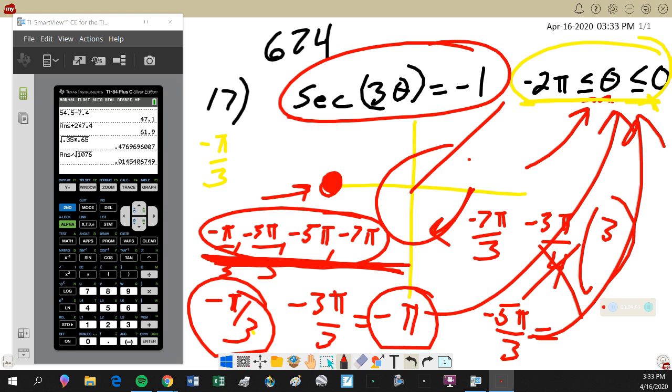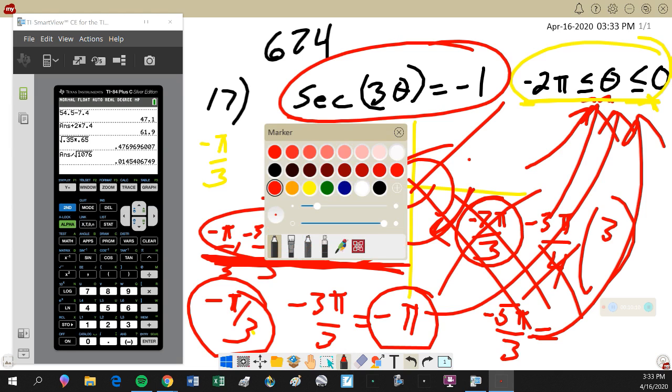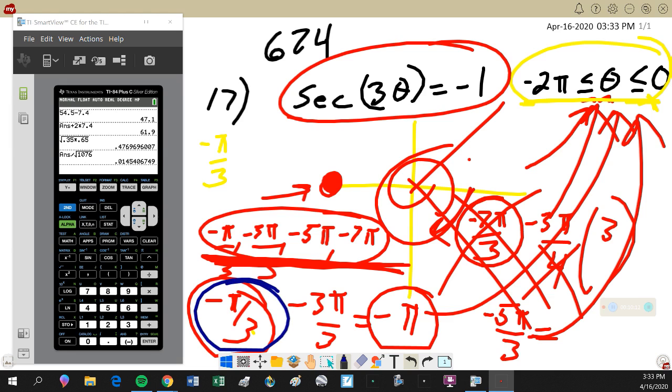Well, negative 7 pi over 3 is a little bit bigger than 2 pi, so that's going to put us in quadrant 4. So this angle does not fit in that domain. So my answers are just these three: negative pi over 3, negative pi, and negative 5 pi over 3. I hope that helps. I have no idea how I did it in the video, but that's how I did it today.